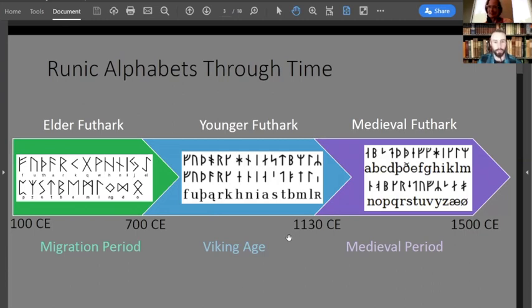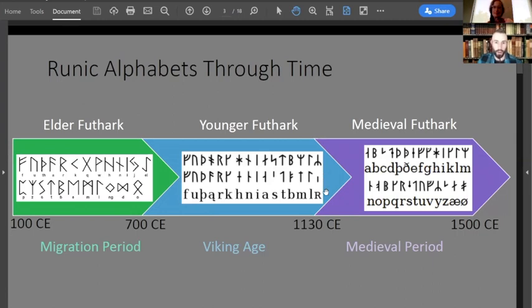And we actually have two variants here. The top one is the Danish variant, and the one below it is the Swedish and Norwegian variant. You can see that there's some similarities. They aren't too different.